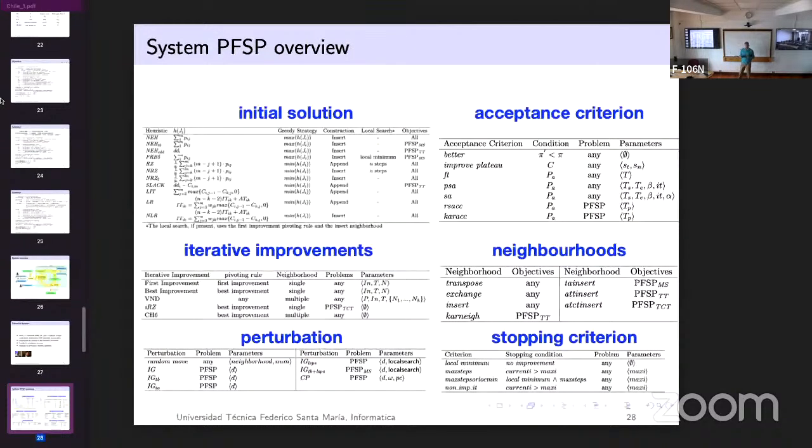The system for the permutation flowshop problem has the initial solution, the acceptance criteria, the local search, the improvement in the neighborhoods, the perturbation, and the stopping part. These are different types of implementation, and if you have different types, each one is a parameter.